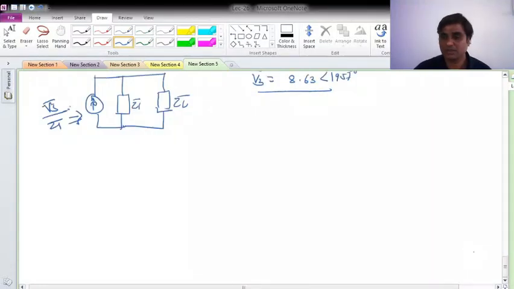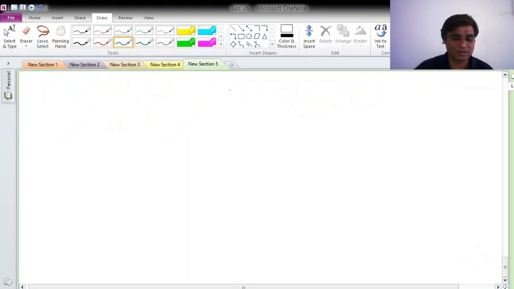In one last example, suppose the network is this, one circuit, and let's say the current is this and the voltage is V of t.